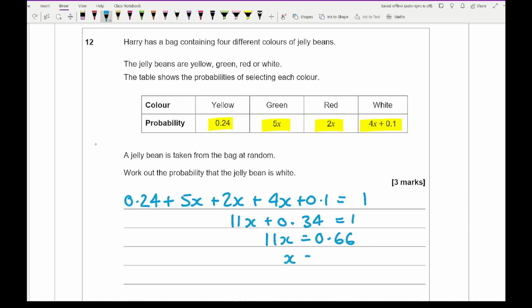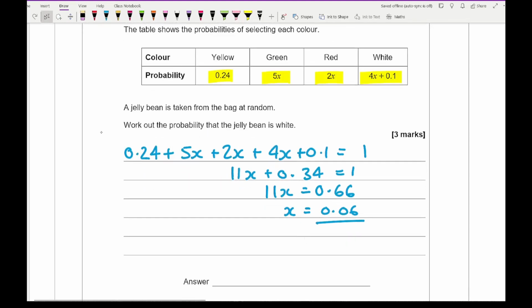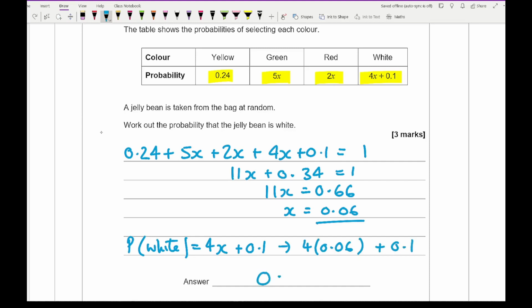So then x equals 0.06. So then once I know what x is, I can then work out the probability of a white, which is 4x plus 0.1. Well, if I know that x is 0.06, it's going to be 4 lots of 0.06 plus 0.1, which gives me an answer of 0.34.